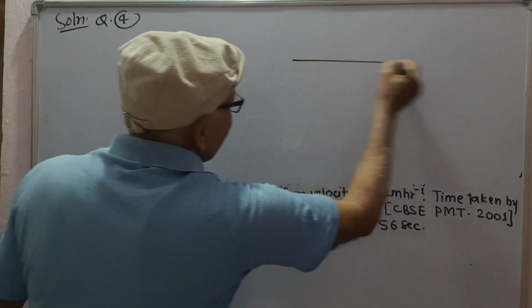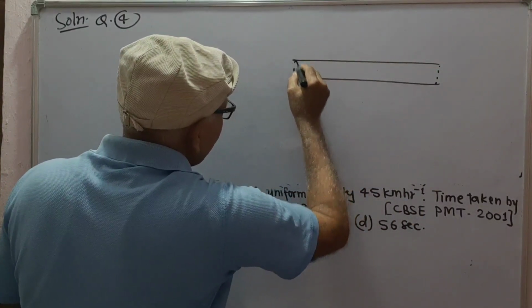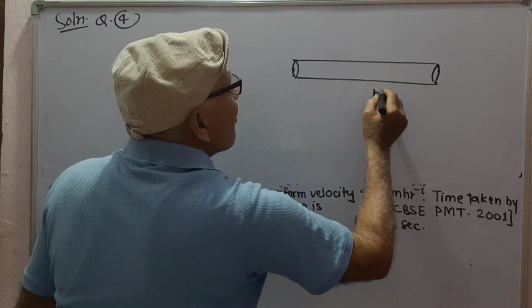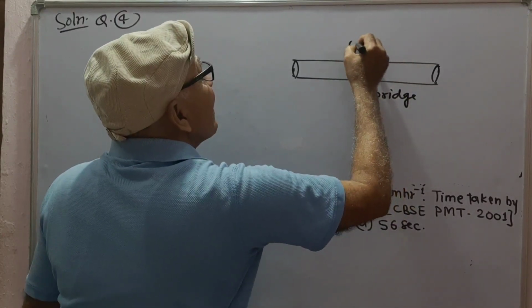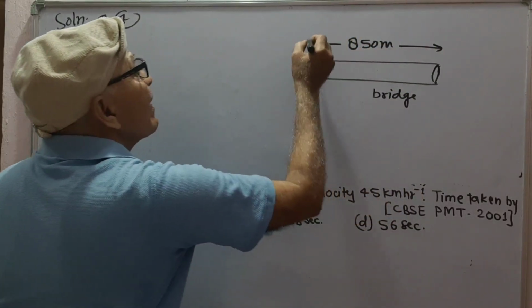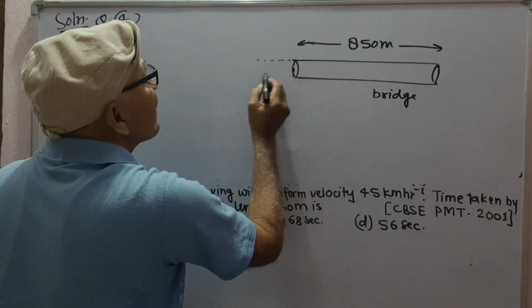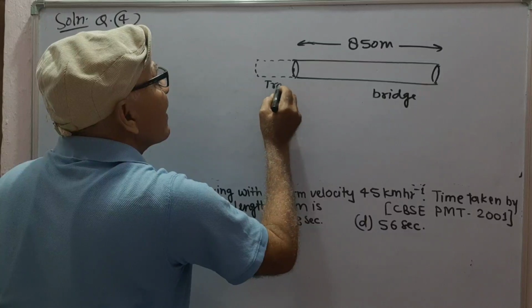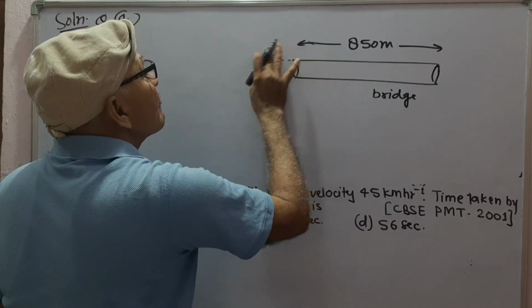Here suppose this is the bridge. Its length is 850 meter, and this is the train (150 meter).